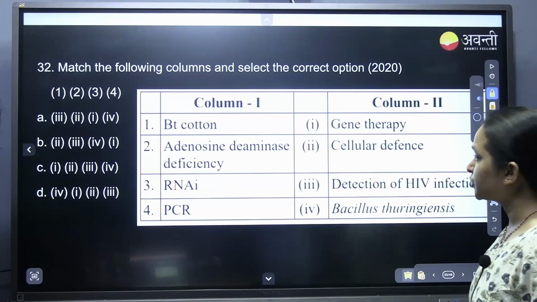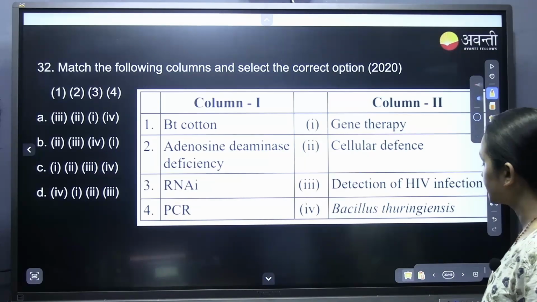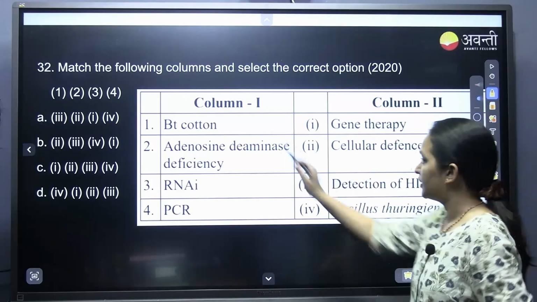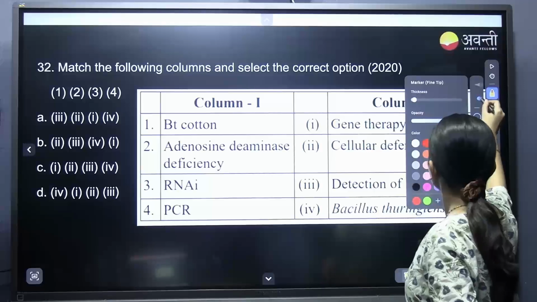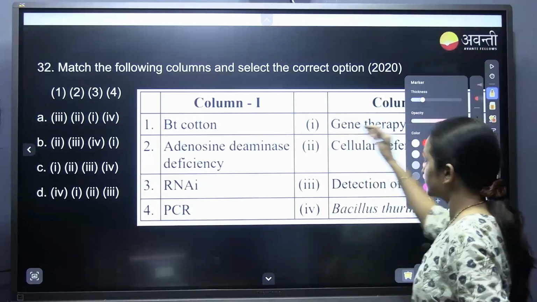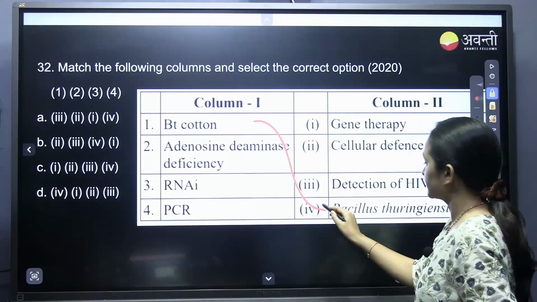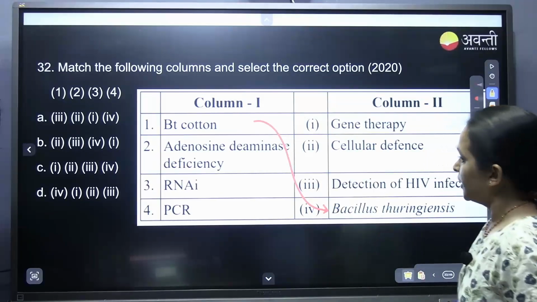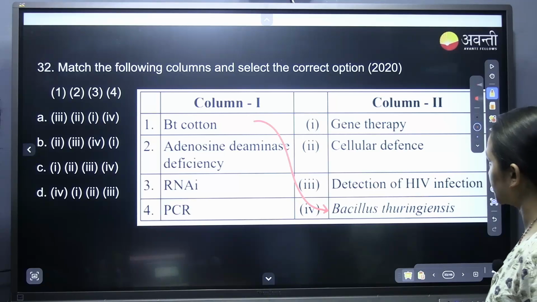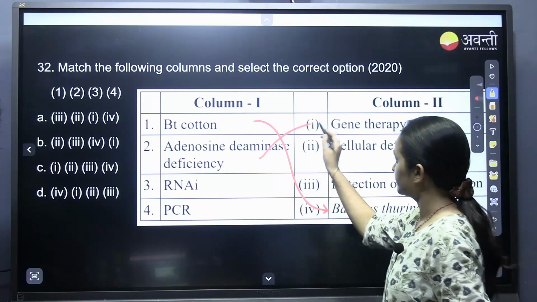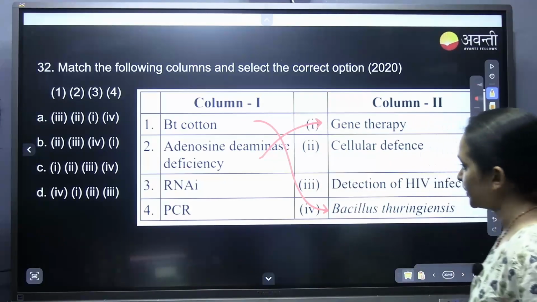Now match 1 and 2. BT cotton, BT stands for Bacillus thuringiensis. Adenosine deaminase deficiency can be cured by gene therapy.